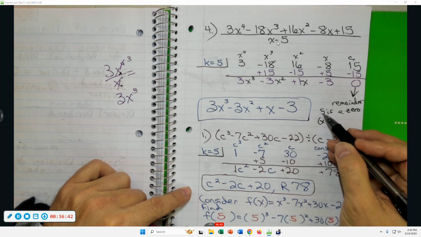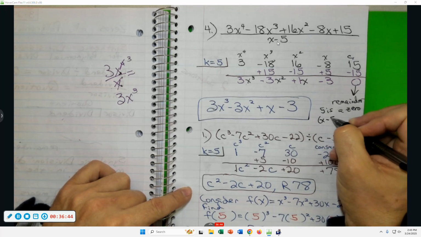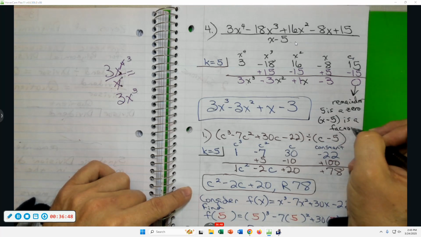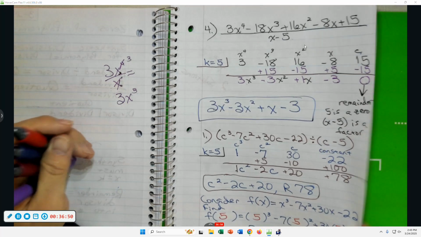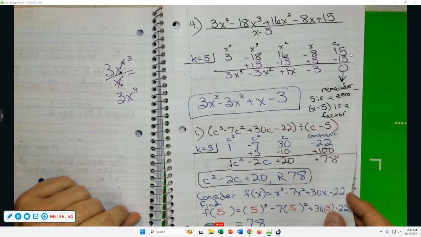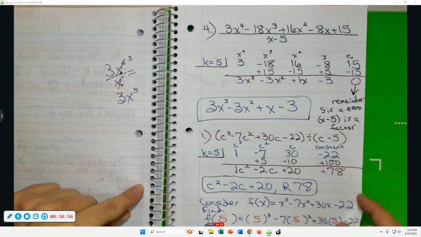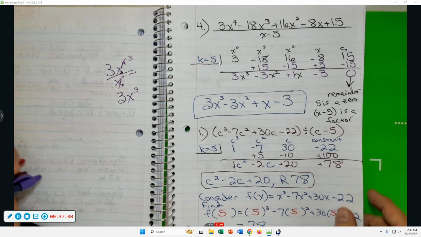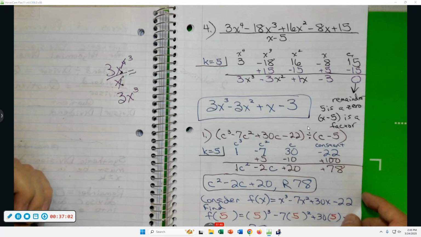You see a positive 5, so x minus 5 is a factor. So if you know a zero, you can determine a factor. If you know a factor, you can go backwards and determine a zero. Any questions on my logic there?